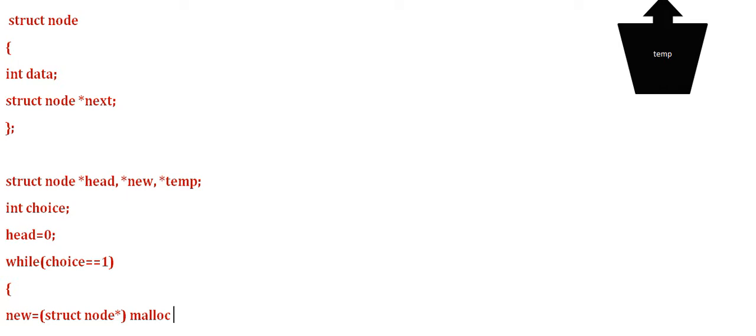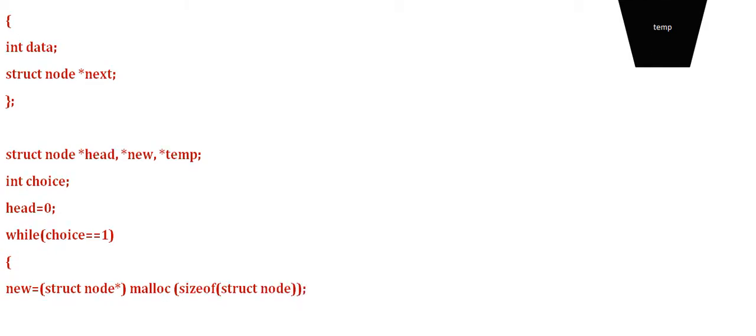Then malloc is used to allocate memory for the node, and inside that the size of the node. At the initial stage we don't know exactly what the size of the node will be, so I'm going to keep it as struct node, okay.